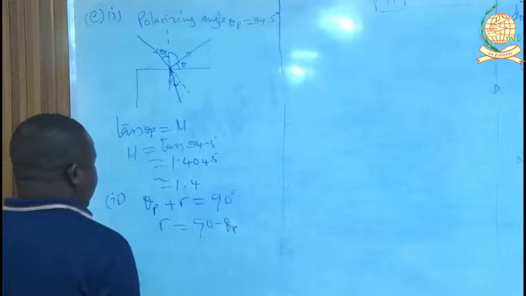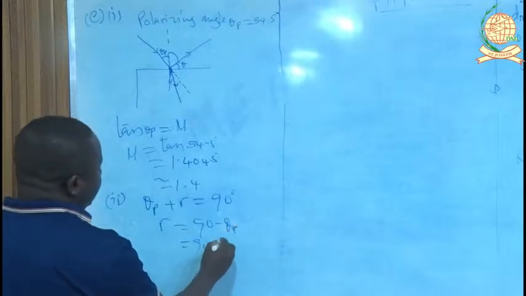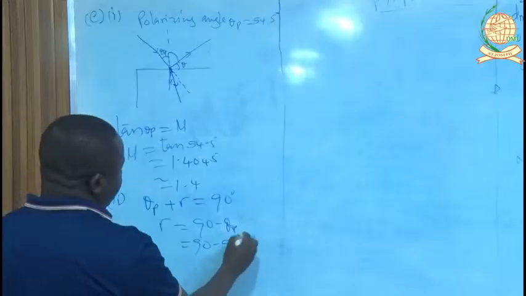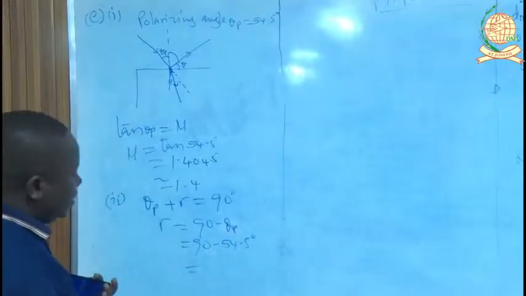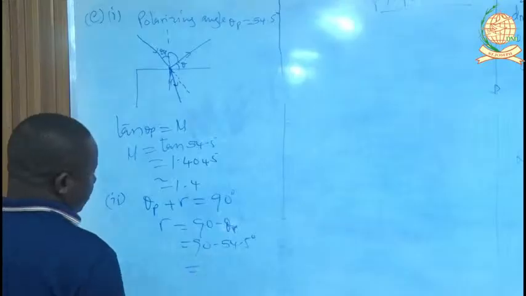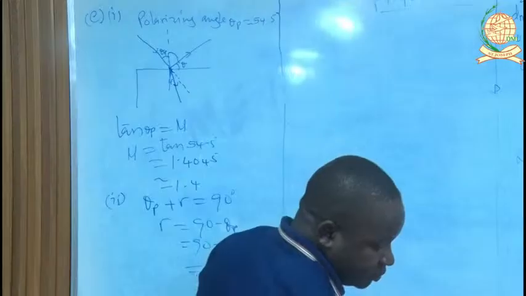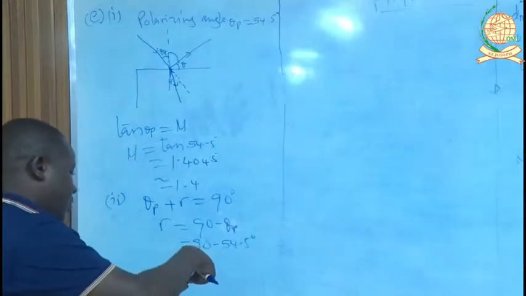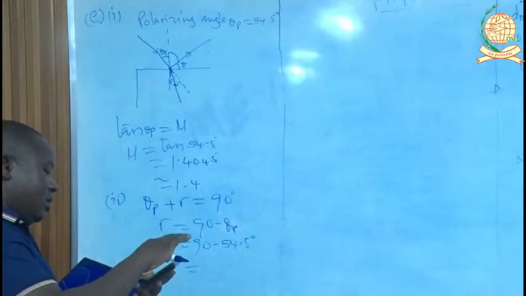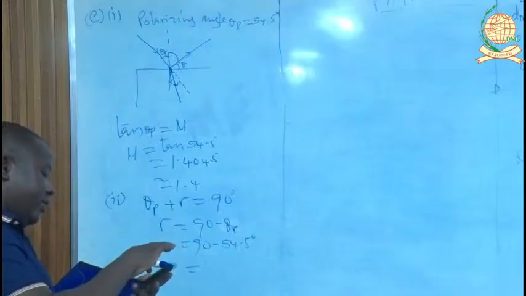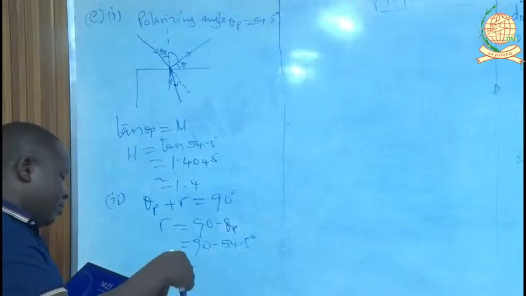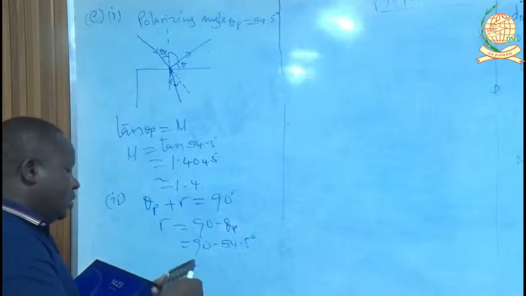So 90 minus 54.80 degrees, you get almost 38.2. 90 minus 54.5, you get almost 35.5.